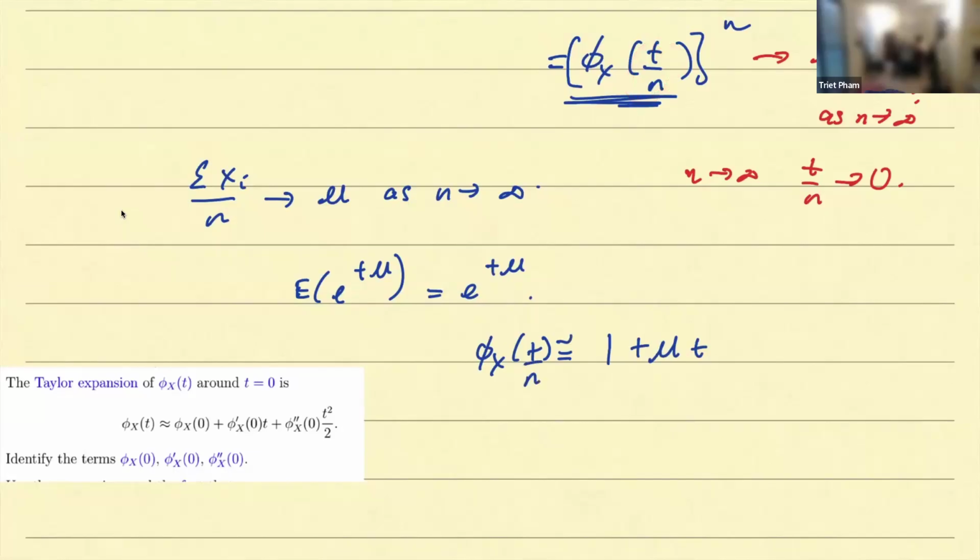And phi double prime is mu squared plus sigma squared, times 1/2 t squared over n squared. So that's a Taylor expansion for phi sub x at t over n as n goes to infinity. Any question about this?